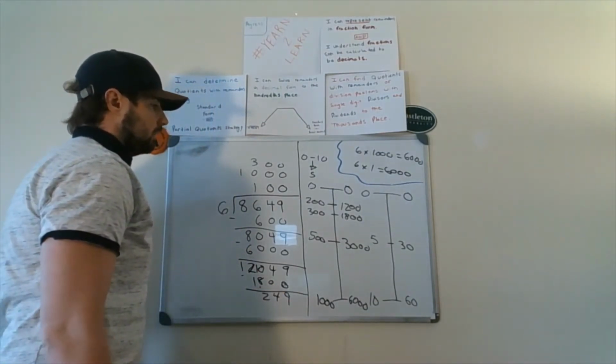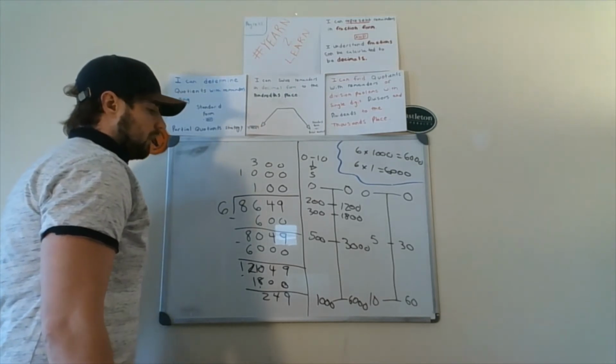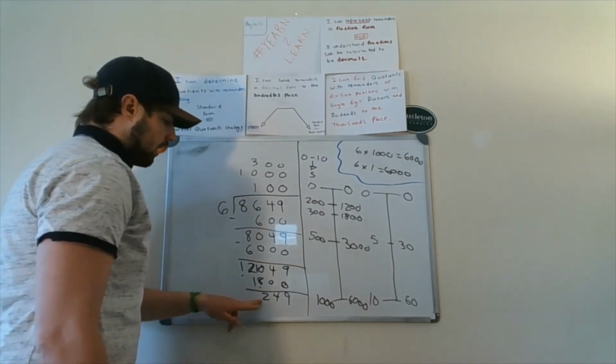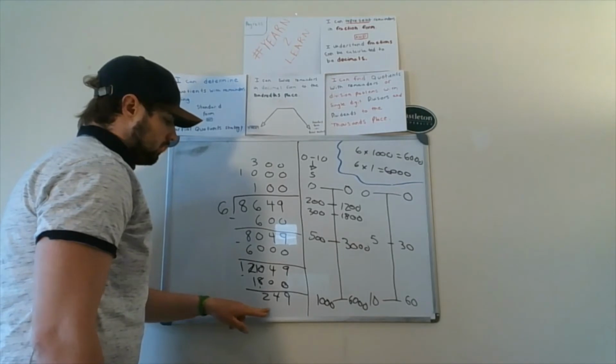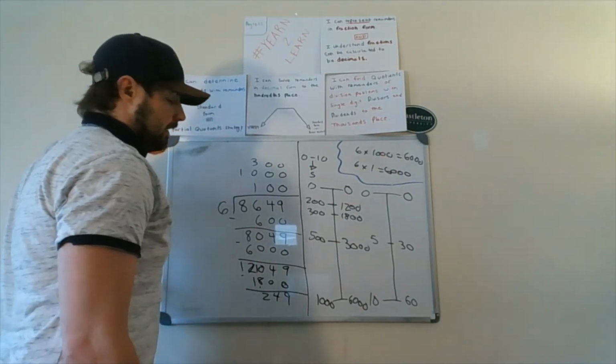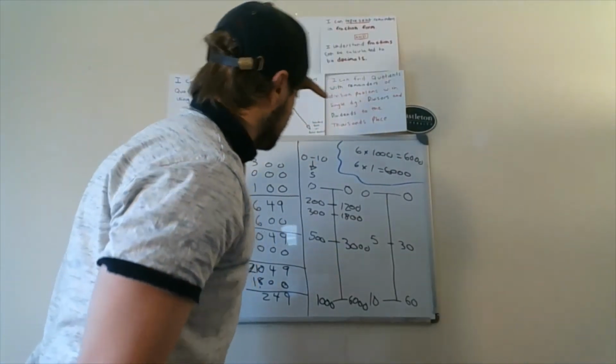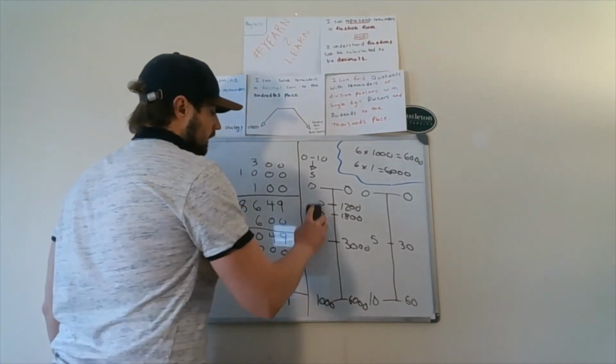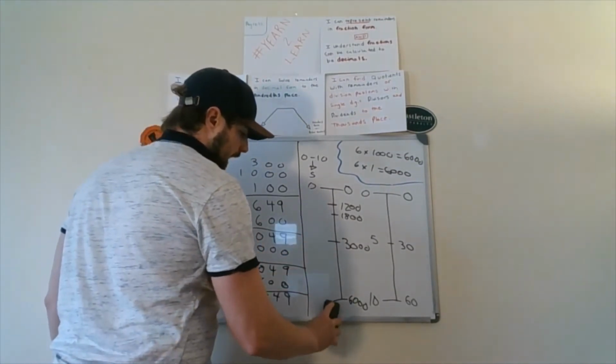That's okay. Let's take another look at how I could chunk out 249. Let's take another look at that smaller tape measure we had.